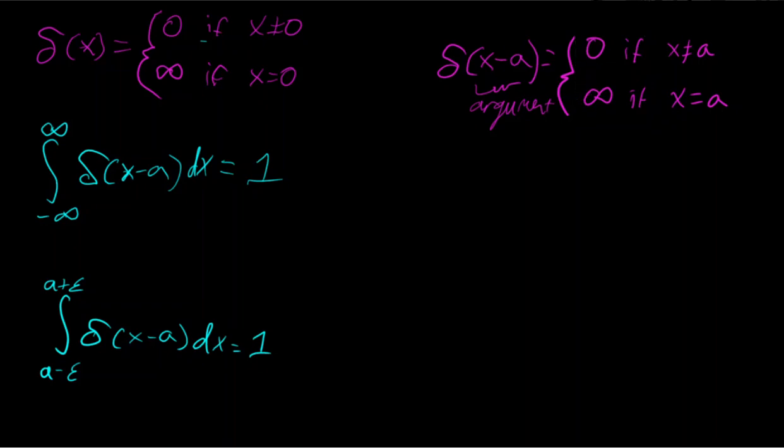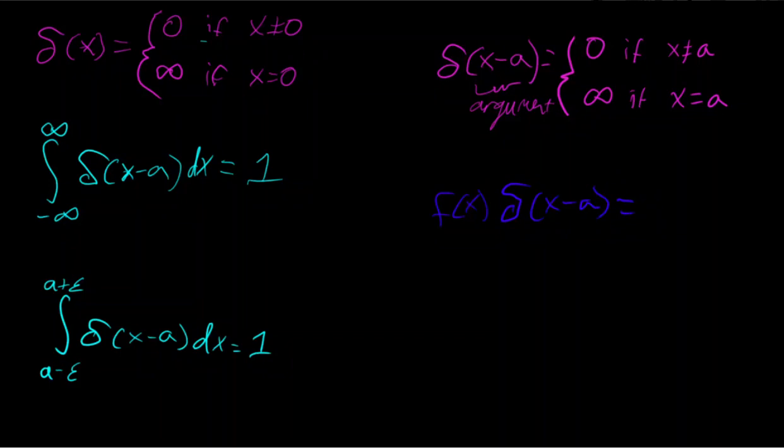So, another quick note: if I have some function of x, and I'll do this in a different color, if I've got some function of x times delta of x minus a, then this is equal to, well, let's look at it this way.